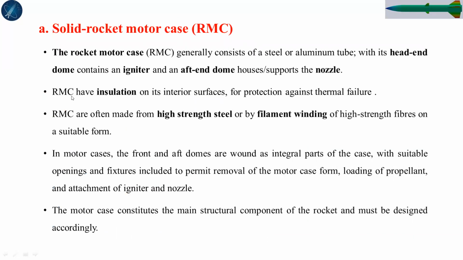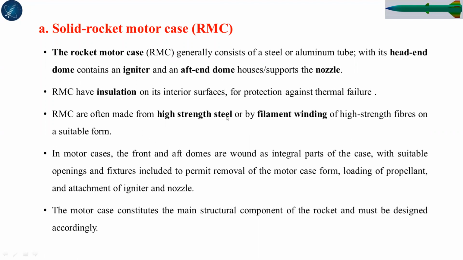RMC has insulation on its interior surface for protection against thermal failure. It is made from high strength steel, or by filament winding. If we are using composite material, then it should be a filament wound composite.